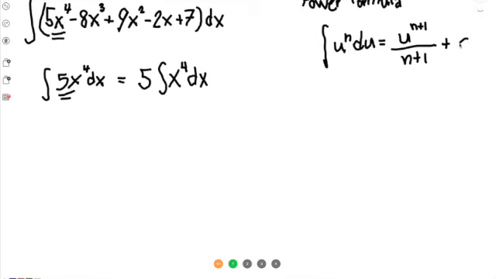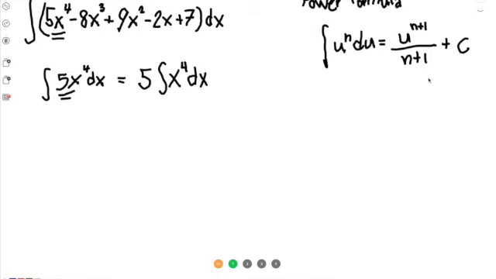Okay. So I hope you realize that the power formula that we presented for integration is just the reverse of the power formula for differentiation, where you multiply the function with the exponent and you decrease it by 1.